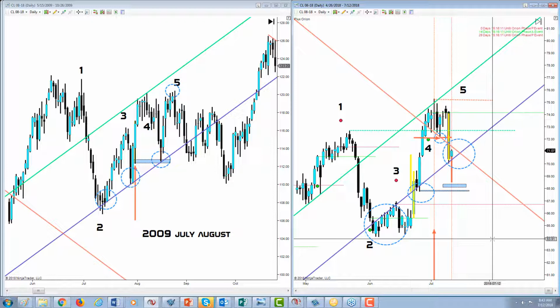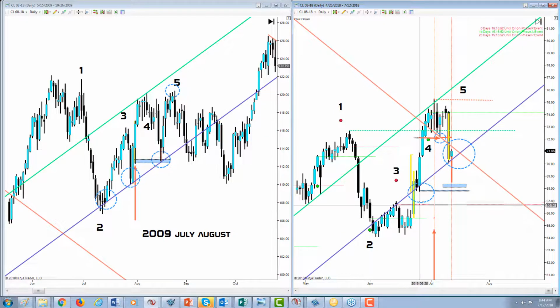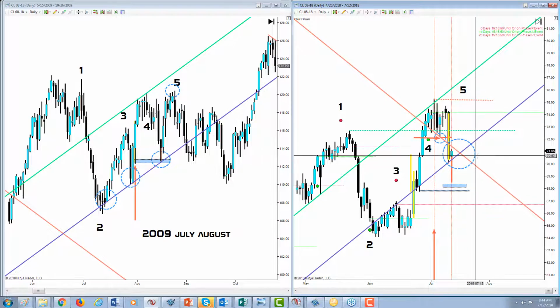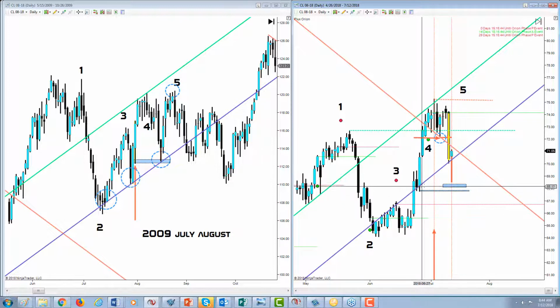There's an expression that I heard once that said, history doesn't always repeat, sometimes it rhymes. So, with the blue line there, it meets most of the qualifications in that it's touching the lows of these two candles.